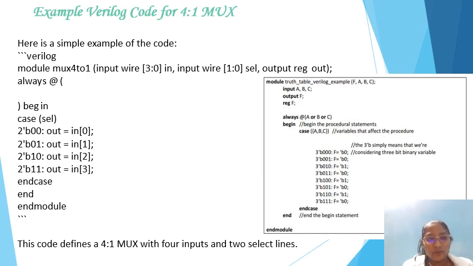And for the output, sel stands for select signal, and for output we have written output reg out. According to the truth table we have written the code and need to execute.